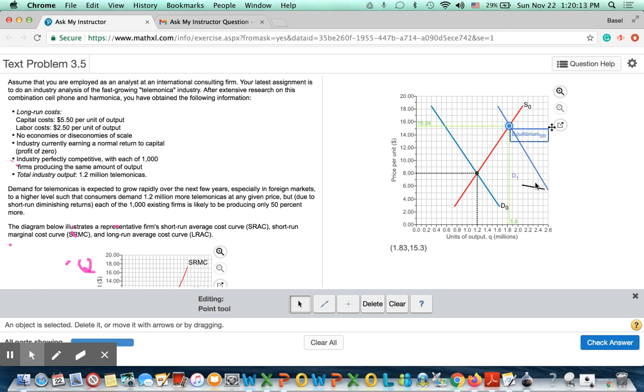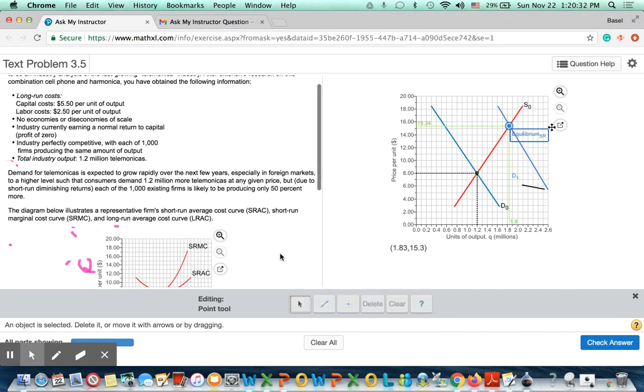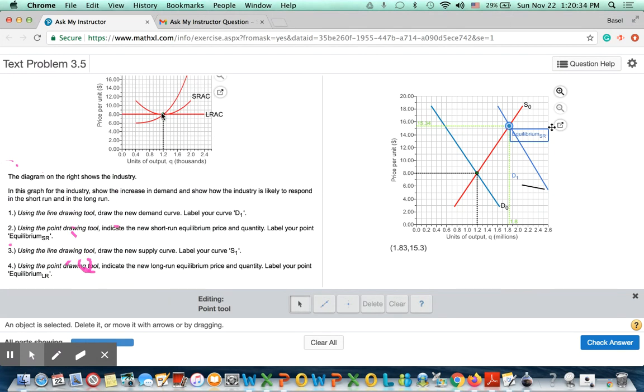Now, in the long run, new firms will enter the industry, so supply increases, and this will push prices down to the long run price. Remember, in the long run, we produce at the minimum average total cost.